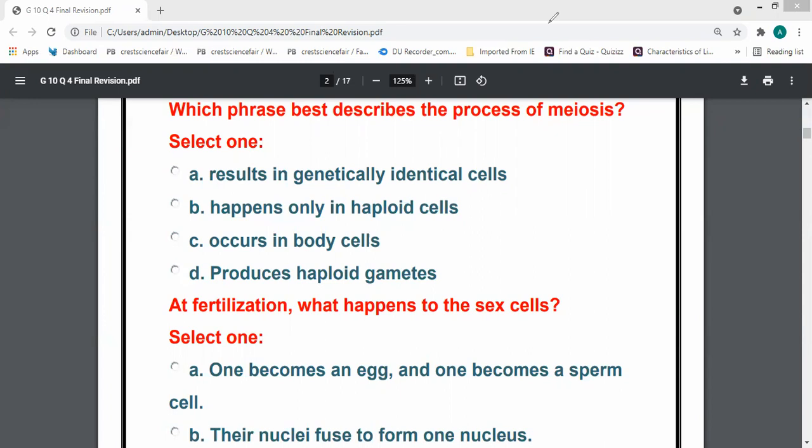Okay, Yusuf. Meiosis does not happen in sex cells, it just produces sex cells. You got it? Okay, Mister, thank you.